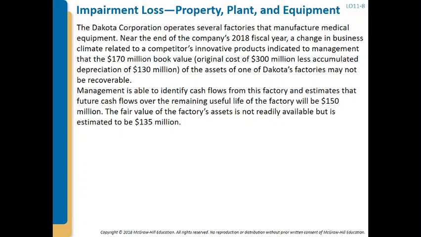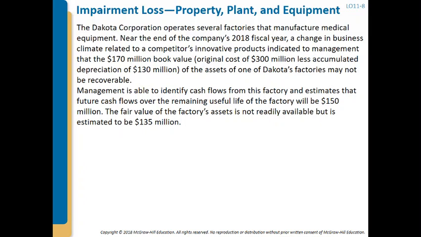So here we have the Dakota Corp. Operates several factories that manufacture medical equipment. Near the end of the company's 2018 fiscal year, a change in business climate related to a competitor's innovative products indicated to management that the $170 million book value, which is the original cost of $300 million less accumulated depreciation of $130 million, of the assets of one of Dakota's factories may not be recoverable.